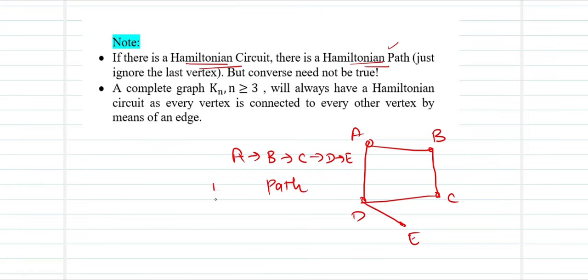What type of path? It is going to be a Hamiltonian path. But does it have a Hamiltonian circuit? What do you mean by a circuit? You have to get back to the same starting point again. Is it possible over here? No. You cannot get back to the same point after touching all the vertices once.